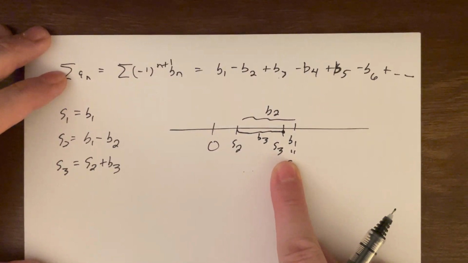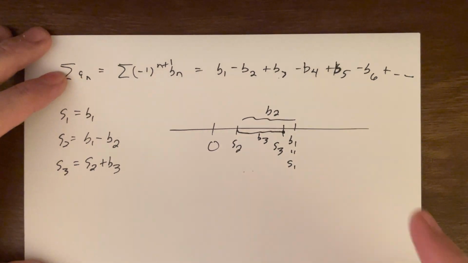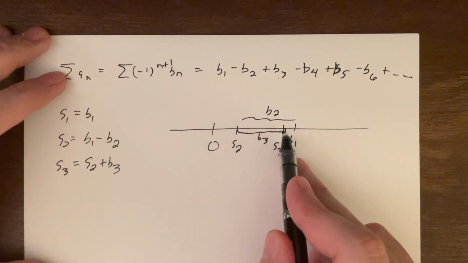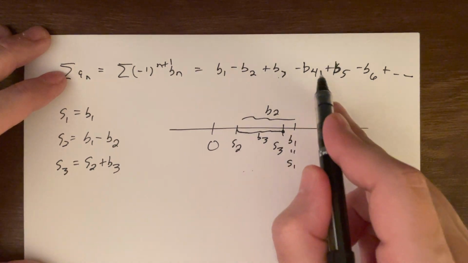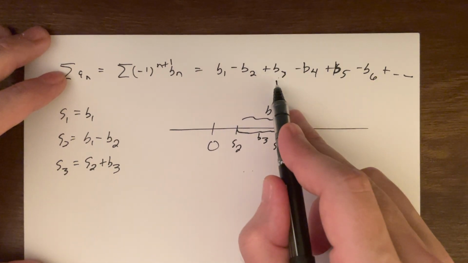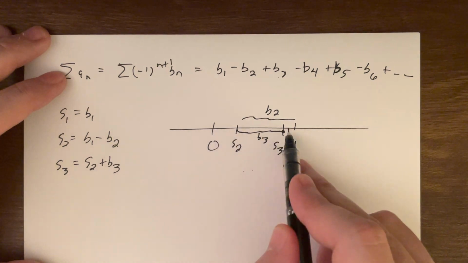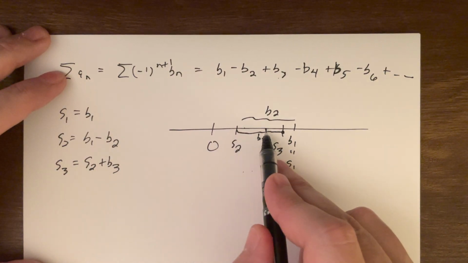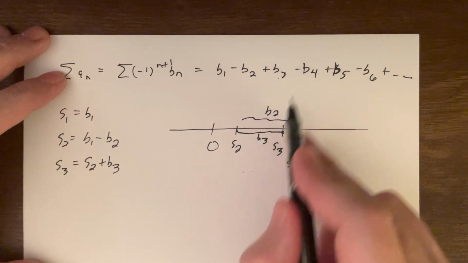Now, this picture is going to start getting messy, so I don't want to keep making marks in here, but that continually happens. The next term I subtract, so my sum gets smaller, but B4 is smaller than B3, so I can't subtract to here. My subtraction is going to put me somewhere in here. And then I add B5, but that term is smaller than the previous.